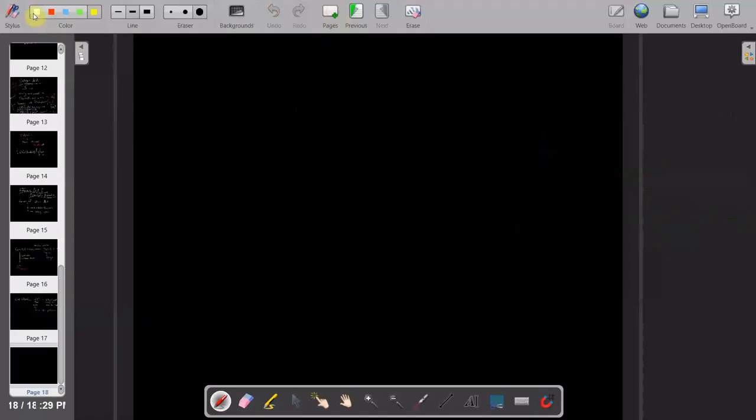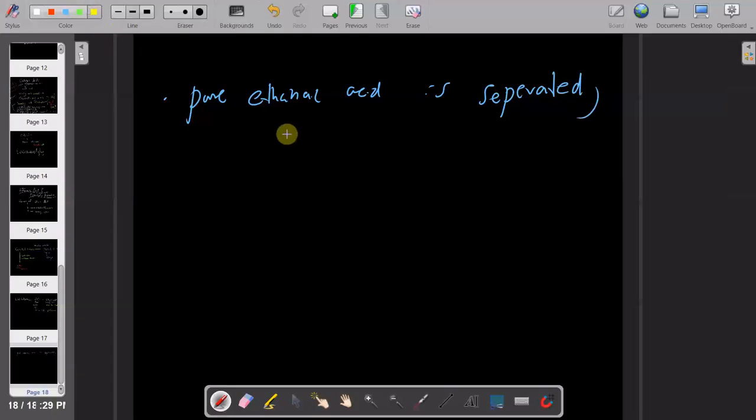Pure ethanoic acid is separated by distillation, right?